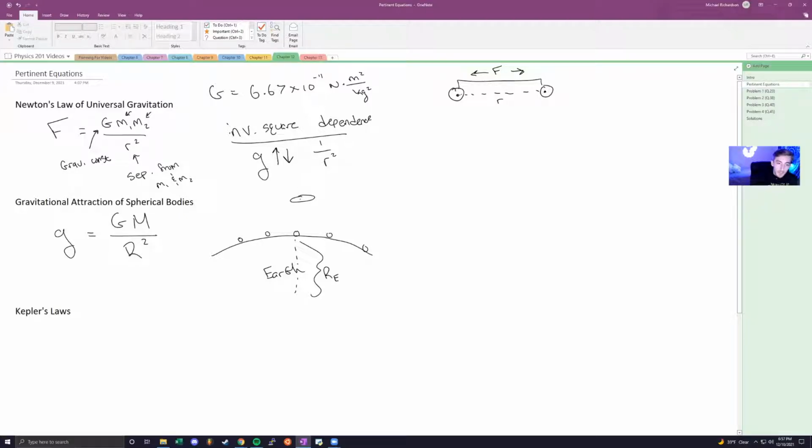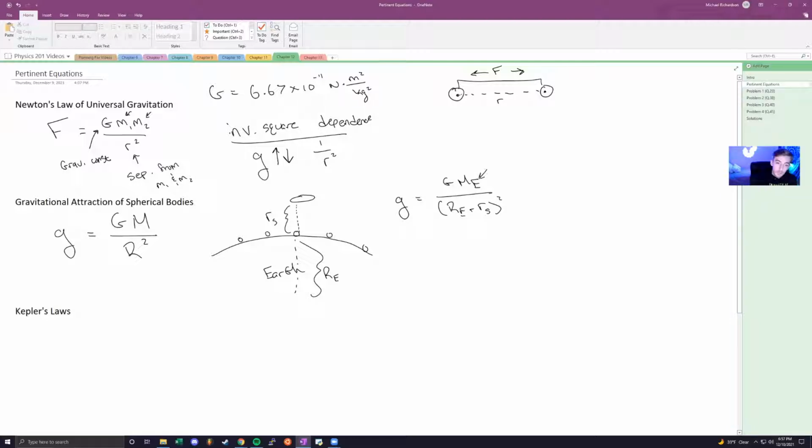Well, if this satellite has some other distance, let's call it r of s for the distance for our satellite, then we can describe the gravity on the actual satellite as g times the mass of the Earth divided by the radius of our Earth plus that separation of the satellite.